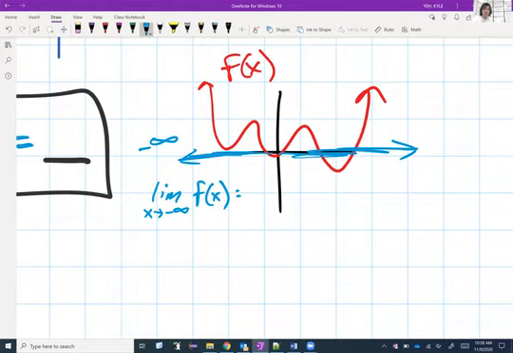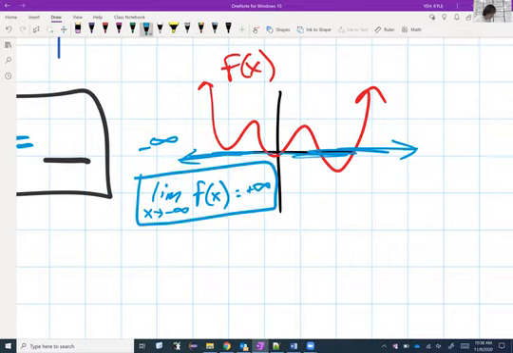As we are going left and left, what is happening to our graph? Well, our graph is going up and up and up. What is it approaching? Well, the limit of f of x is positive infinity.